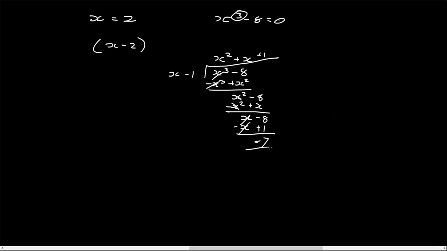So that's our remainder, minus 7. So this doesn't look like it's going to be solved this way. That's because I made a mistake. I'm sorry, let me redo that. I divided by x minus 1. I should have been using this root, which is minus 2. So I'm just going to erase that and do it again. Sorry about that.